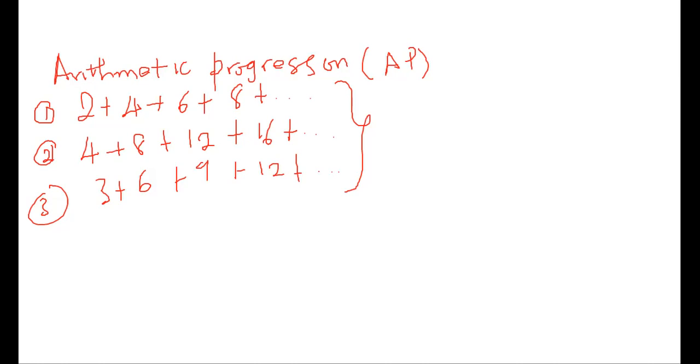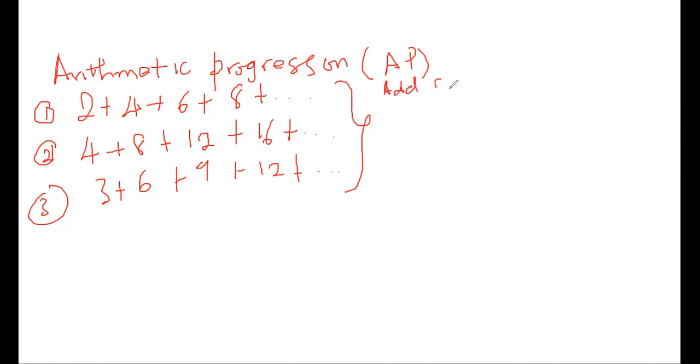Maybe for the first and second sequences, to go to the next one, they added 2. Then for the third one, they added 3. Okay, so let us see. Here we are going on adding.